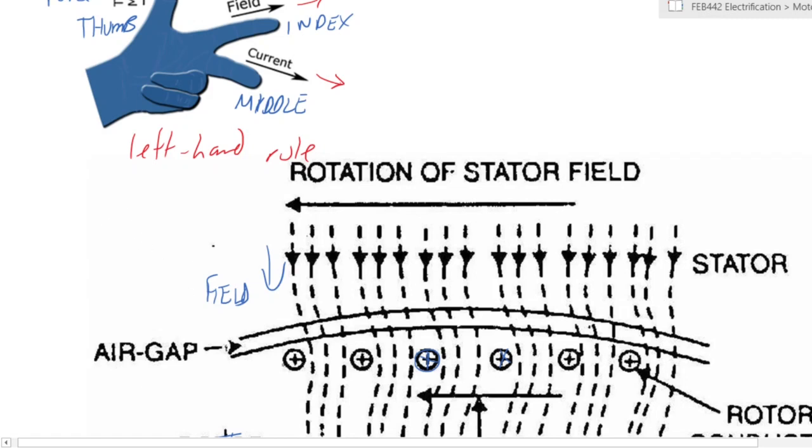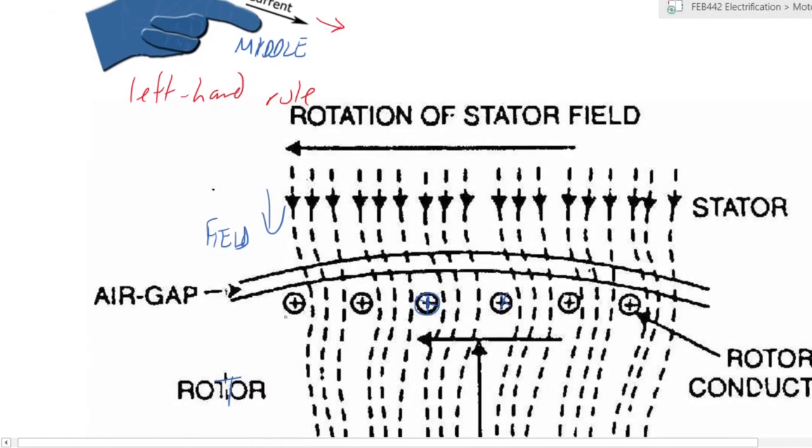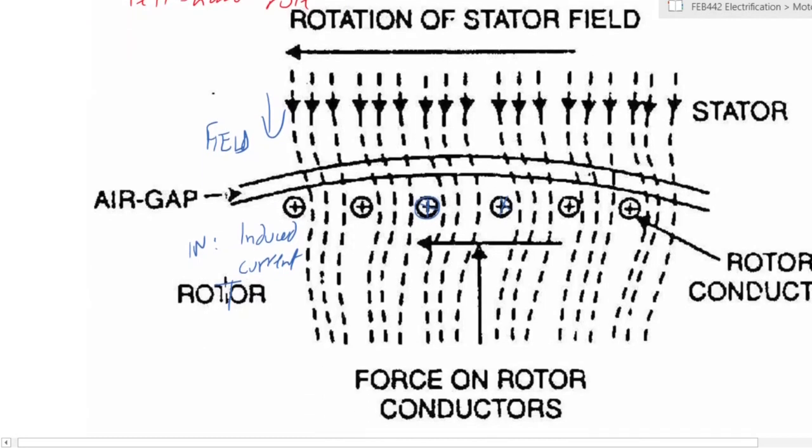The current that is flowing inside the rotor this time, remember the induced current that we had, is flowing into the surface of the screen in this case. So you point your middle finger towards the screen. That leaves your thumb moving in the direction that the force is moving. So the force is that way.